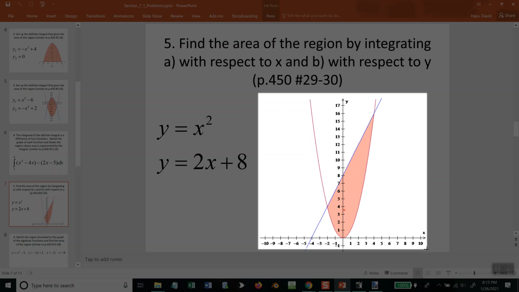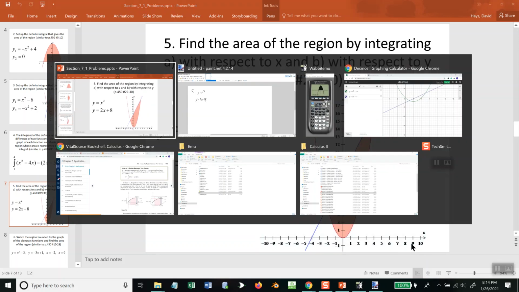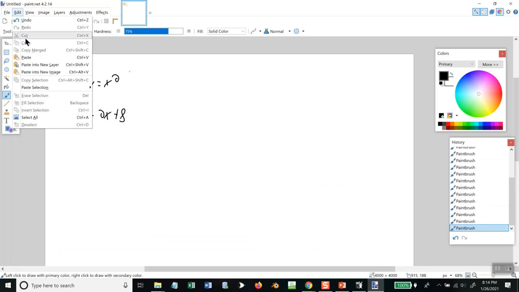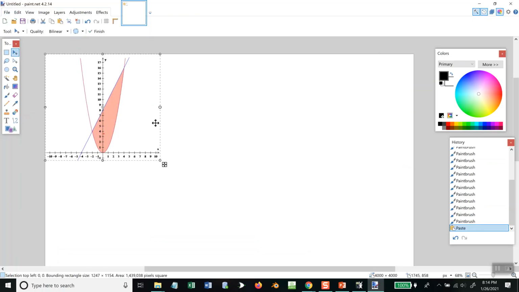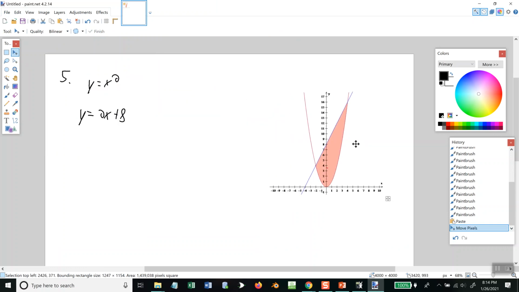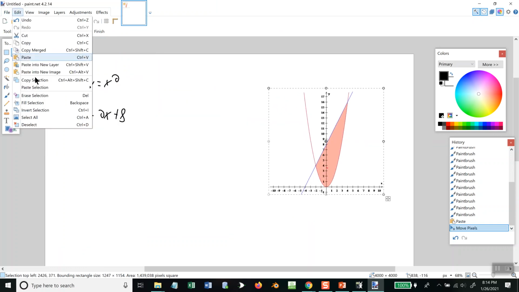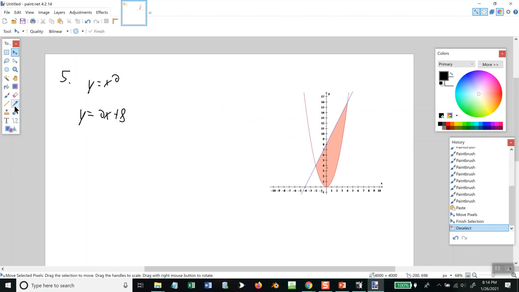That brings in dy. Okay. Instead of looking above minus below, we look right minus left.